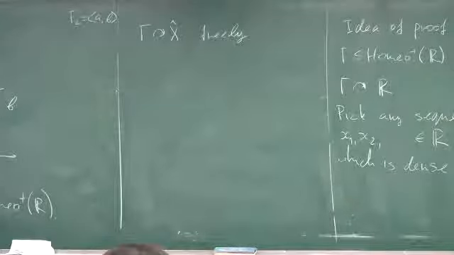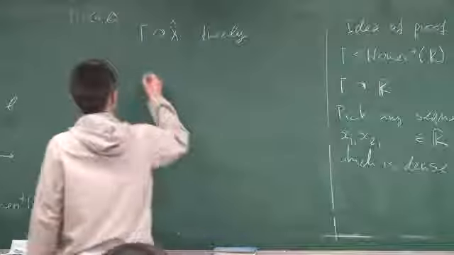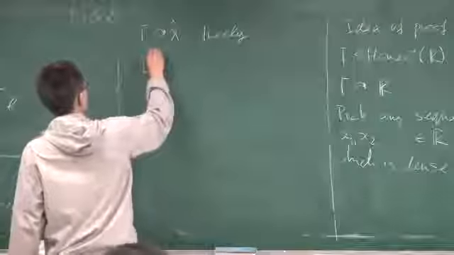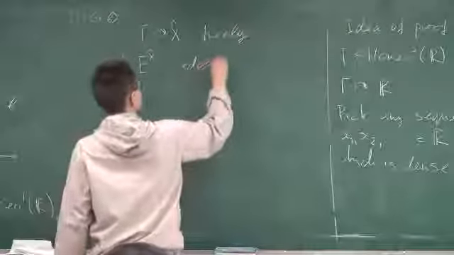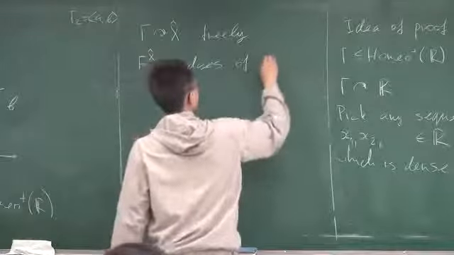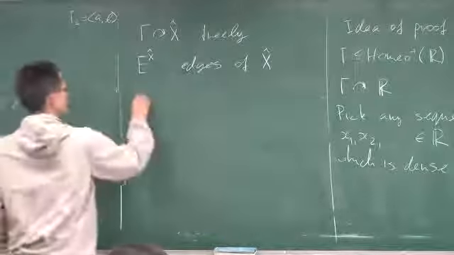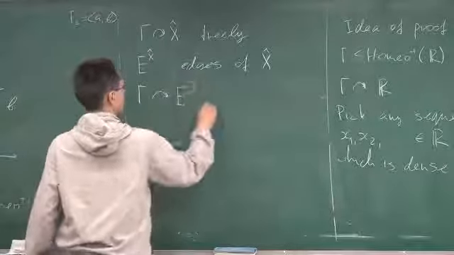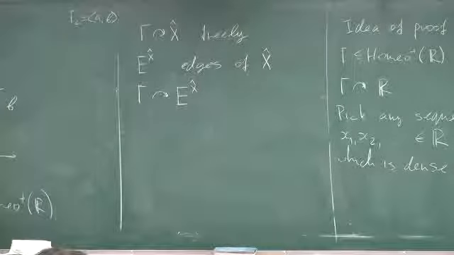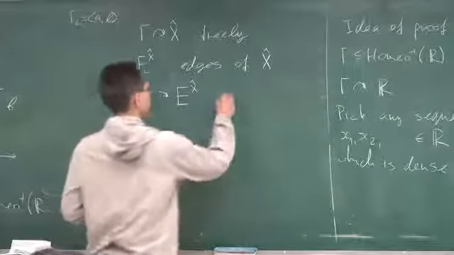Since it's a free action, what can we say about the orbits? Consider EX, the set of edges of X hat. In particular, gamma permutes this set of edges. It acts on the set of edges in X hat. The action is simplicial, it preserves the structure of the graph. But this is also a free action.